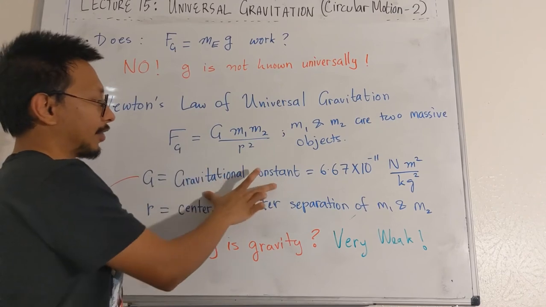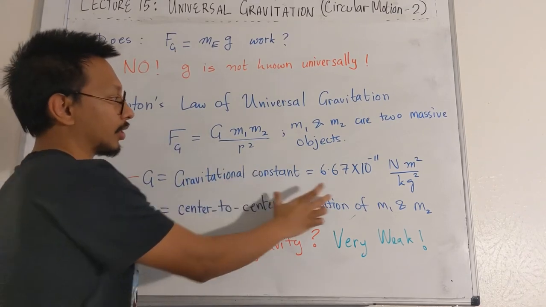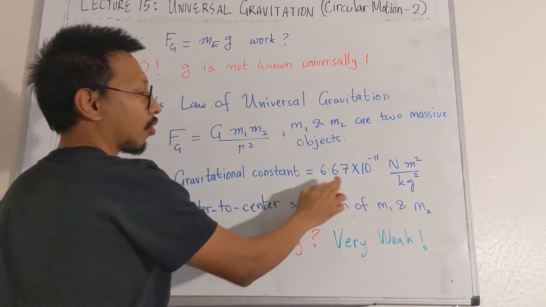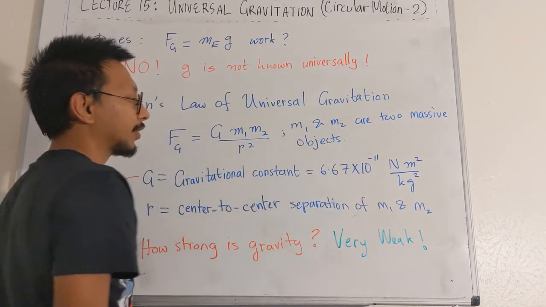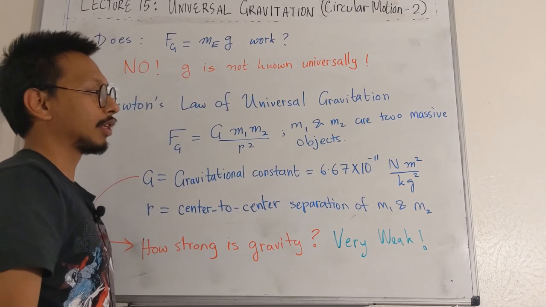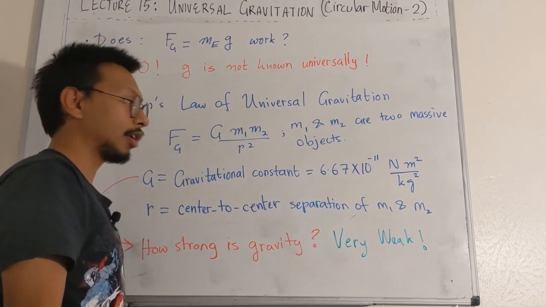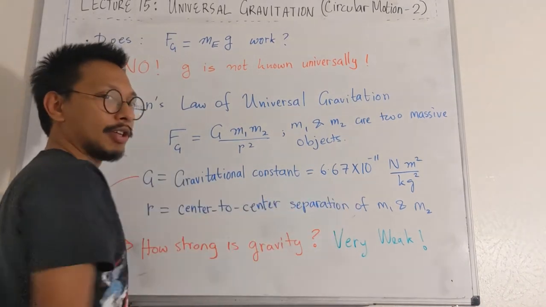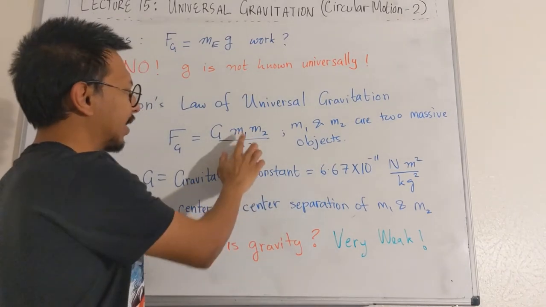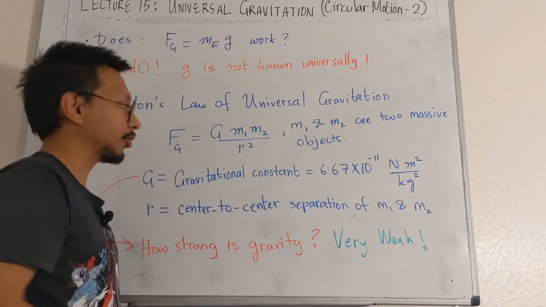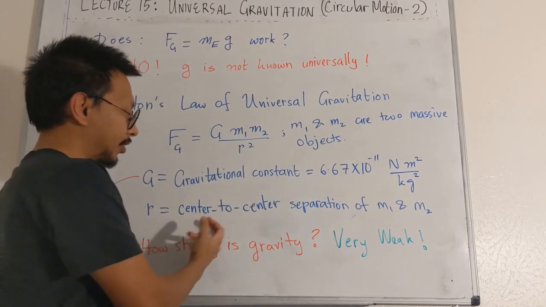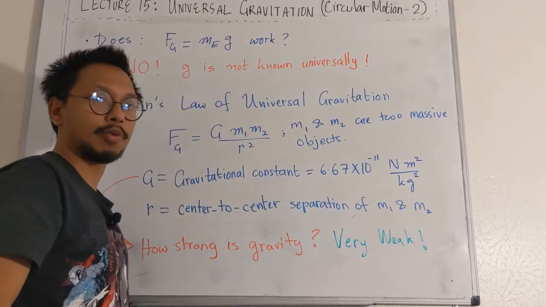G is the gravitational constant, also called Newton's constant, of 6.67 times 10 to the minus 11 newton meters squared per kilogram squared. As we can see, this is a very small number. m1 is the mass of object 1, m2 is the mass of object 2, r is the center to center separation of mass 1 and mass 2.